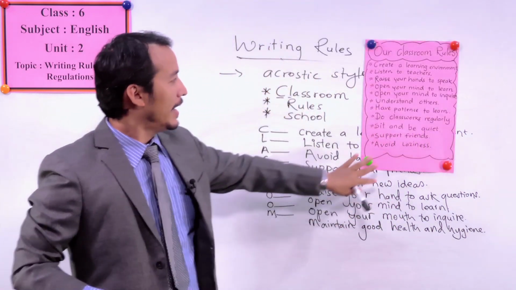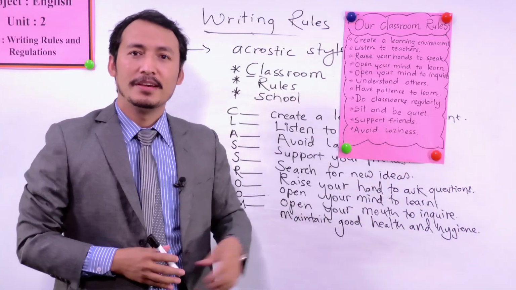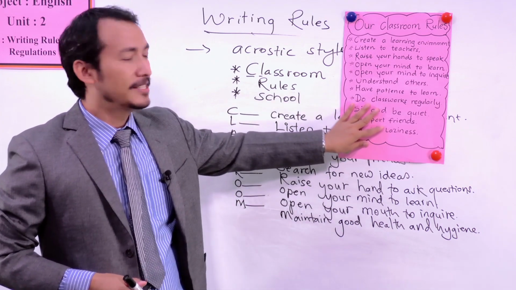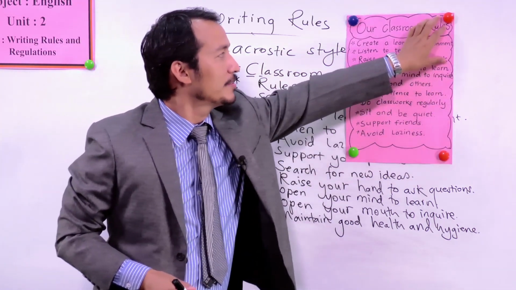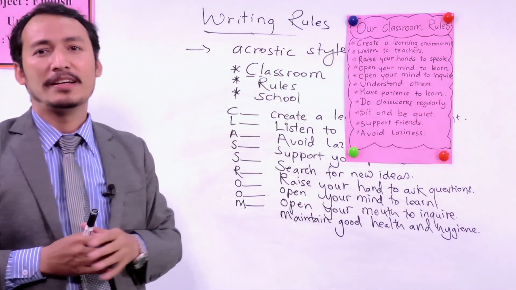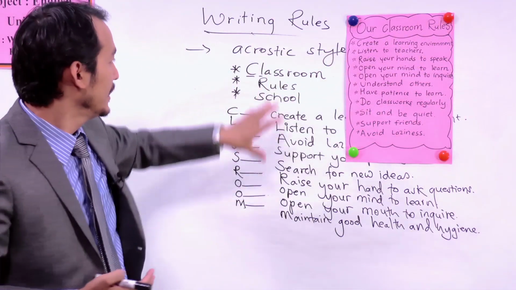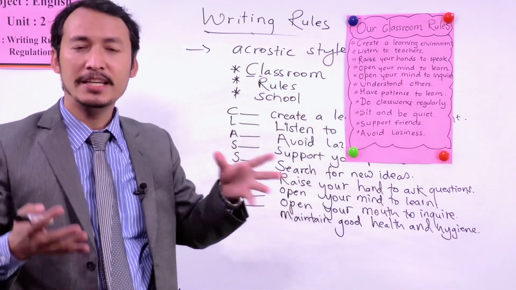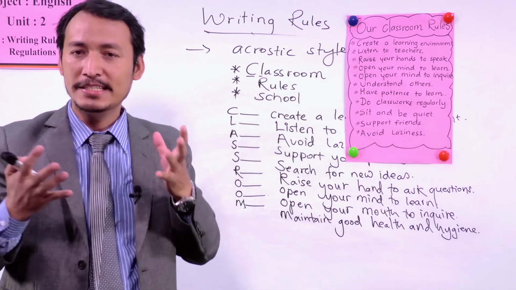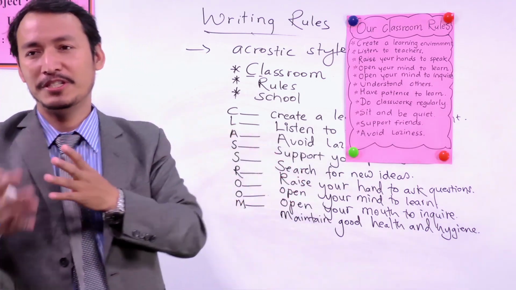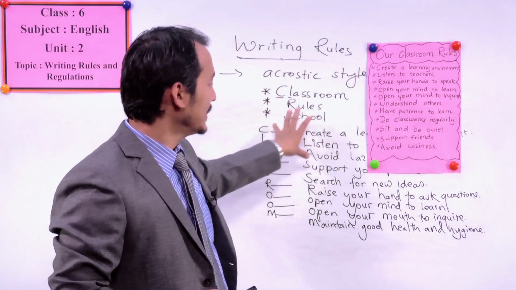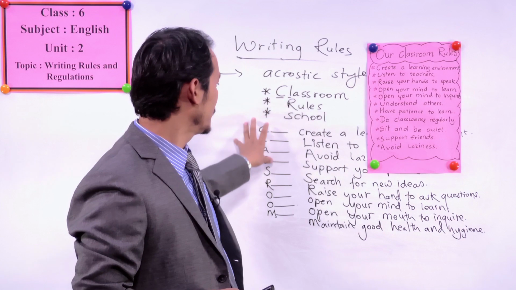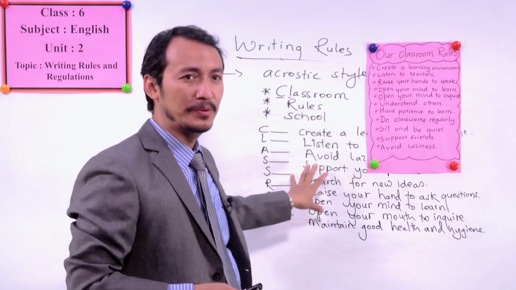Okay, so I have summarized, or I have made some selection from the generated ideas. Acrostic style of writing gives you easy access to ideas on how to start our rules, and then we can select from those the rules which are best.